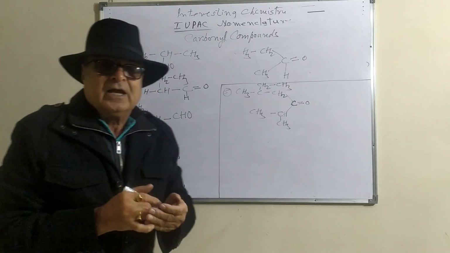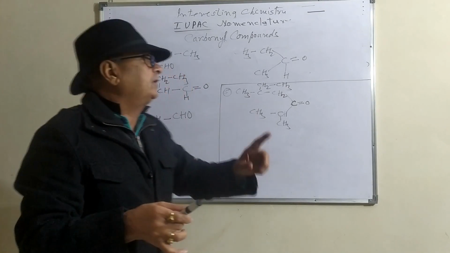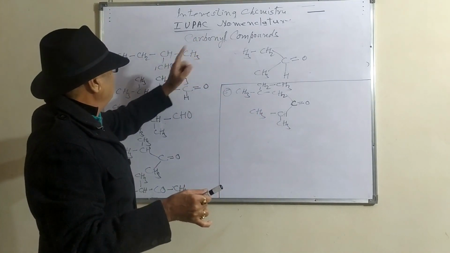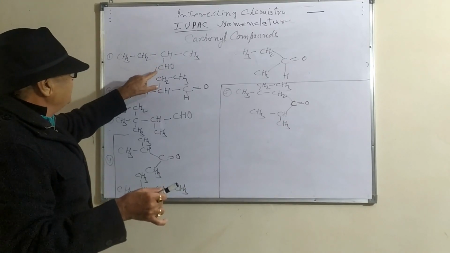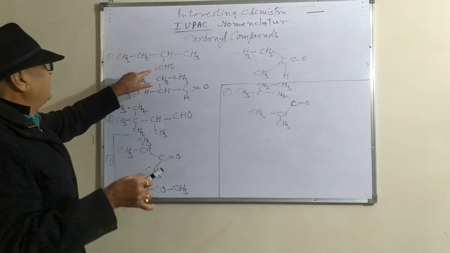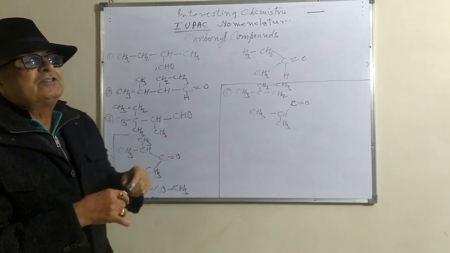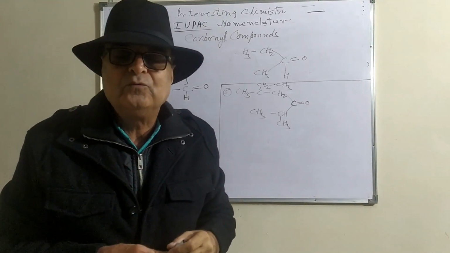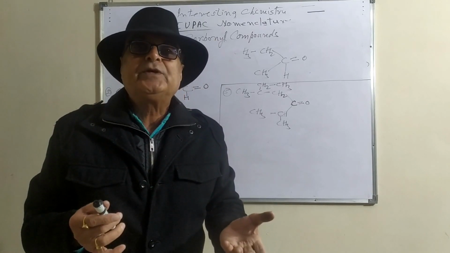You have to give the lowest number to the carbon of the carbonyl group, so this carbon will be allotted number 1. So 1, 2, 3, 4. The name of this compound will be butanal.